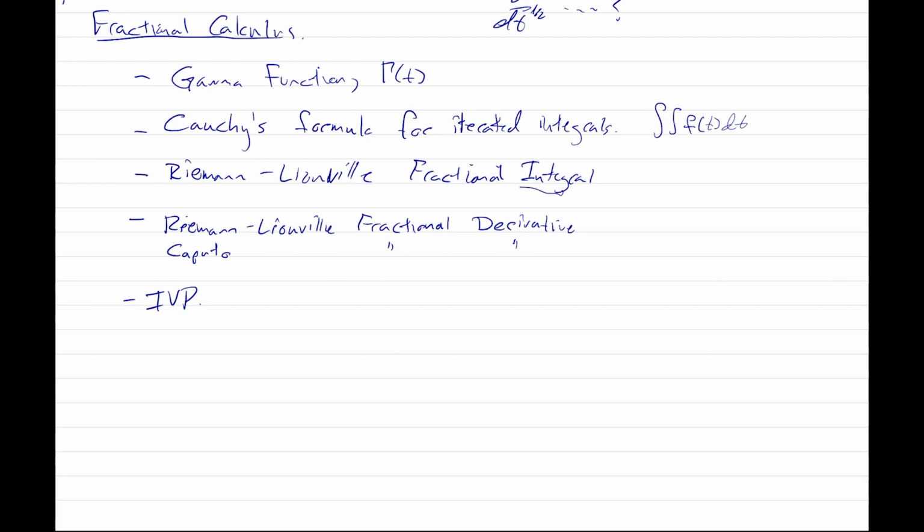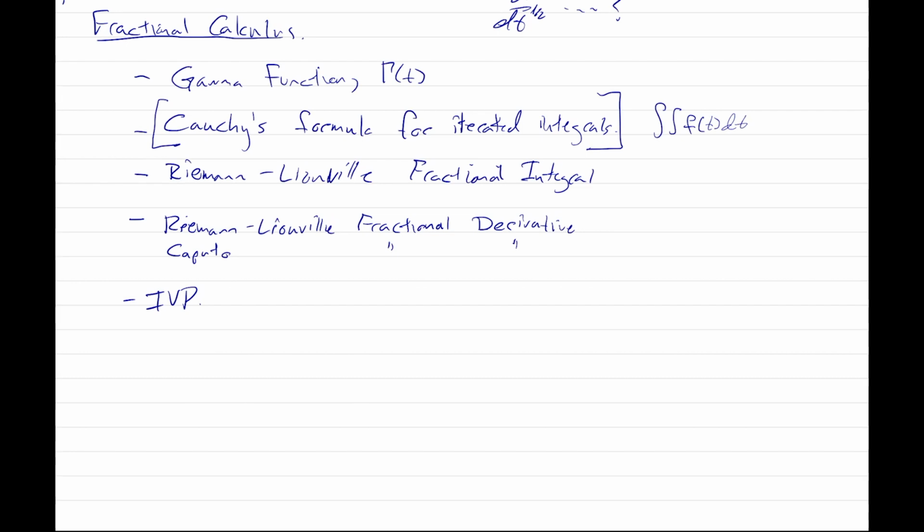We also have the Riemann-Liouville Fractional Integral, and it's going to basically be a direct generalization of Cauchy's formula from an integer number of, say, 1, 2 antiderivatives to, say, a 1/2 antiderivative, or a pi antiderivative, or whatnot.